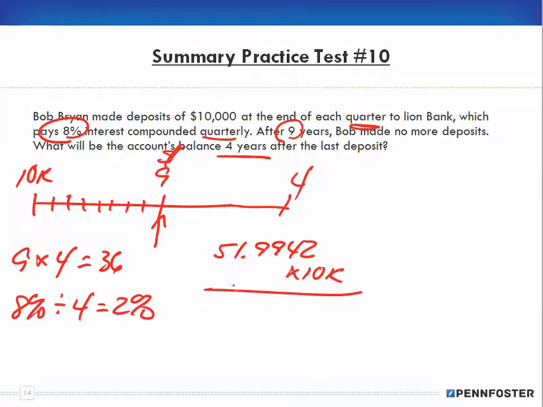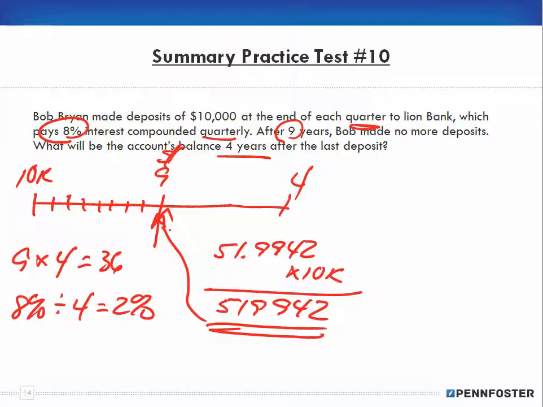That means we end up with $519,942 as how much would be in the account at the end of 9 years. Remember, that's a lump sum, and it's going to sit there for an additional 4 more years.